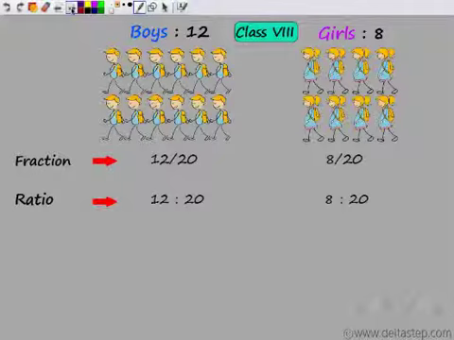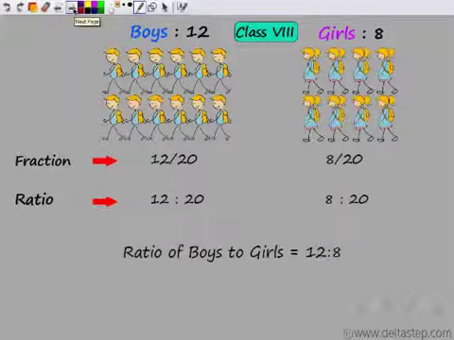Now can I compare these two parts, that is boys and girls? By ratio I can simply say that the ratio of boys to girls is 12:8. Now I can write this as a fraction also, which is 12/8.